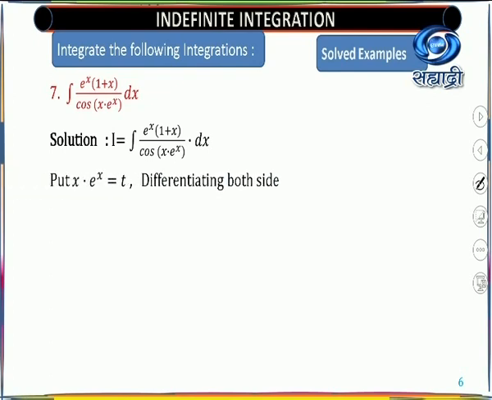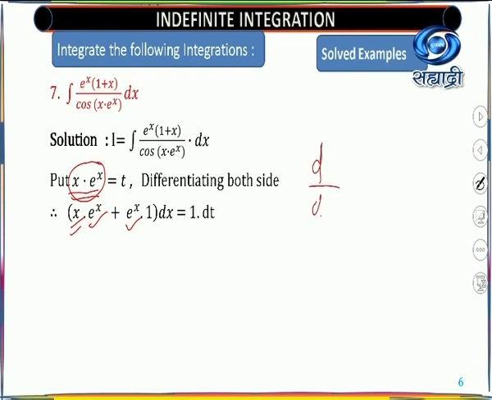Now look at here. You know that if you substitute x e raised to x equal to t, just now I told you, differentiating both the sides. What will you get differentiating both the sides? You are using a product rule here. What is the product rule? x as it is, derivative of e raised to x, plus e raised to x as it is, derivative of x, that is 1, dx equal to dt.